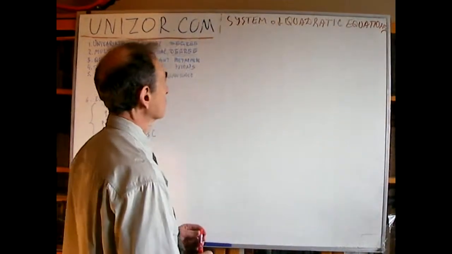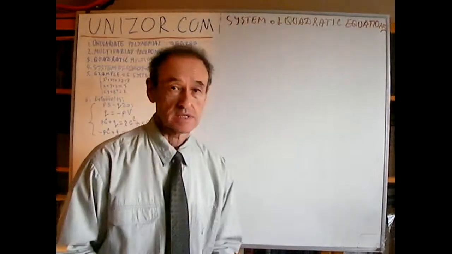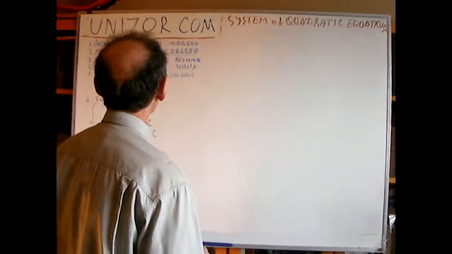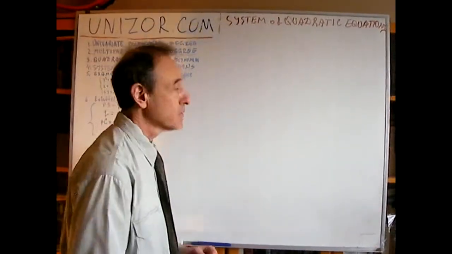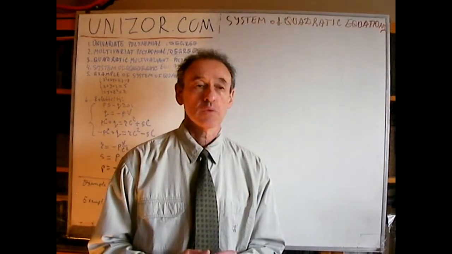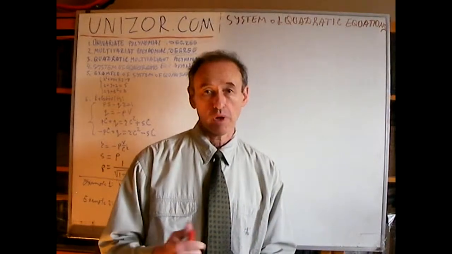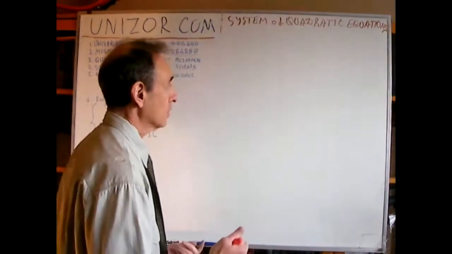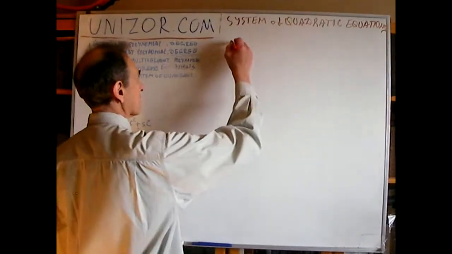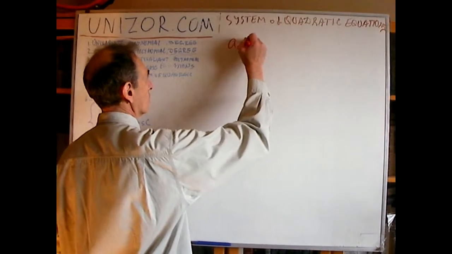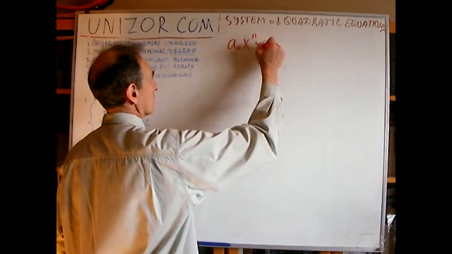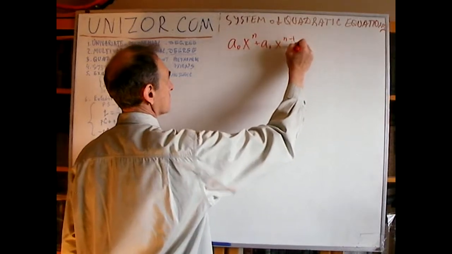First of all, to define what a quadratic system of quadratic equations is, we will have to familiarize ourselves with the concept of univariate and multivariate polynomials. Now, a univariate polynomial is something which you definitely know.